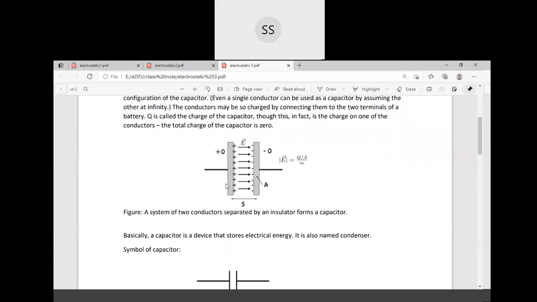Since the positive plate has the same amount of charge as the negative plate, the net charge of a capacitor is 0.